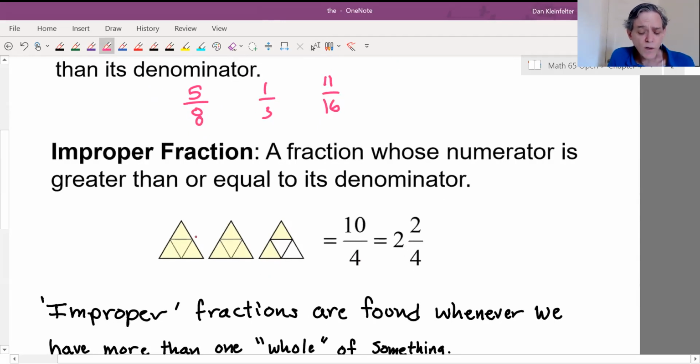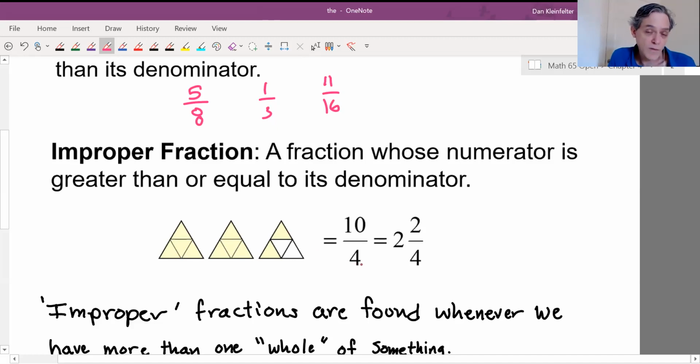In this case, 1 whole is one of these bigger triangles, and each of those is divided into 4 parts. So this visual is representing 2 wholes, and additionally 2 out of 4 shaded parts. So 2 2/4. If you just think of it in terms of fourths and count up the little triangles, there's 1, 2, 3, 4, 5, 6, 7, 8, 9, 10 of those little fourths.